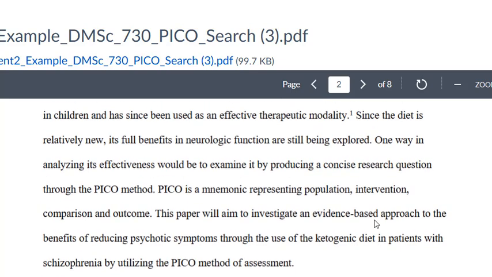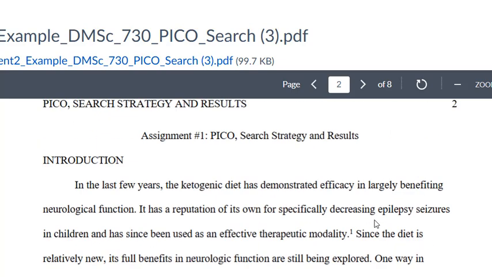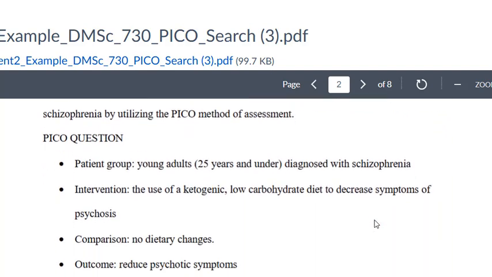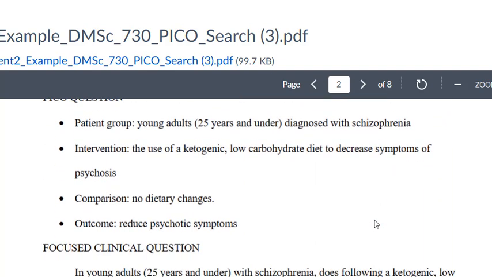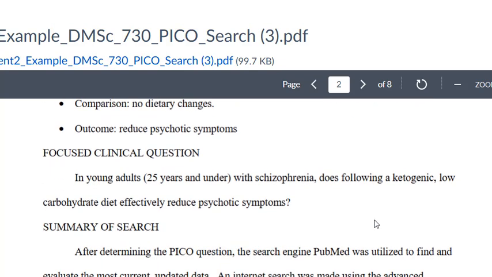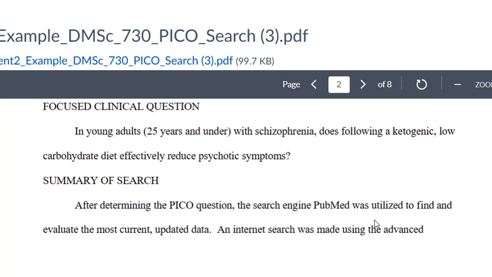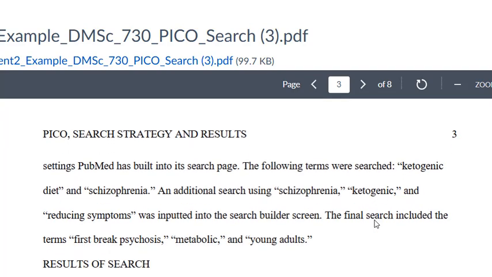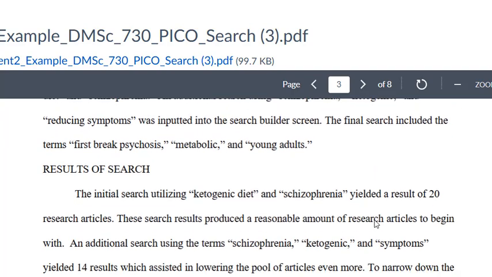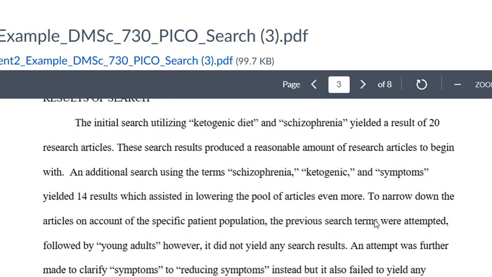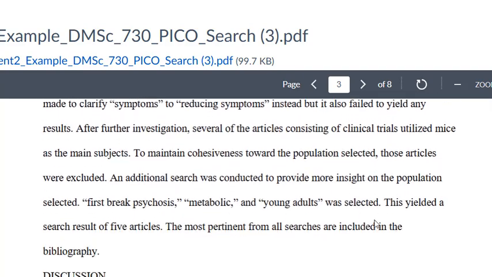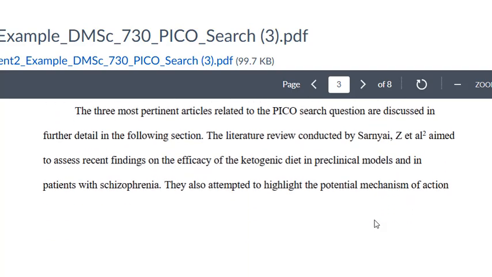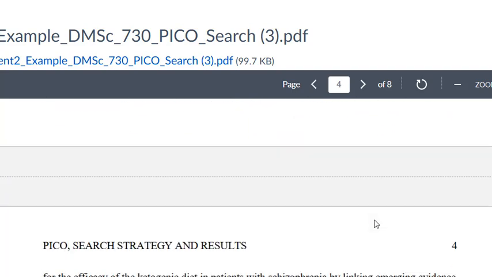And it's not going to be a long introduction. You're going to define your PICO question, present your focused clinical question, and then provide a summary of your search terms, results from your search, and then a discussion around the available evidence.